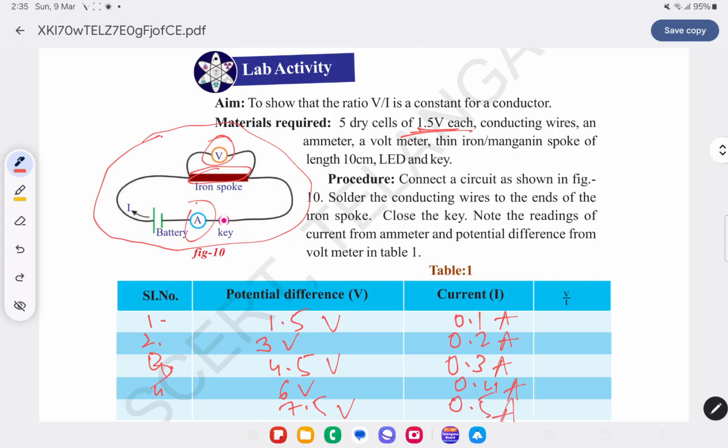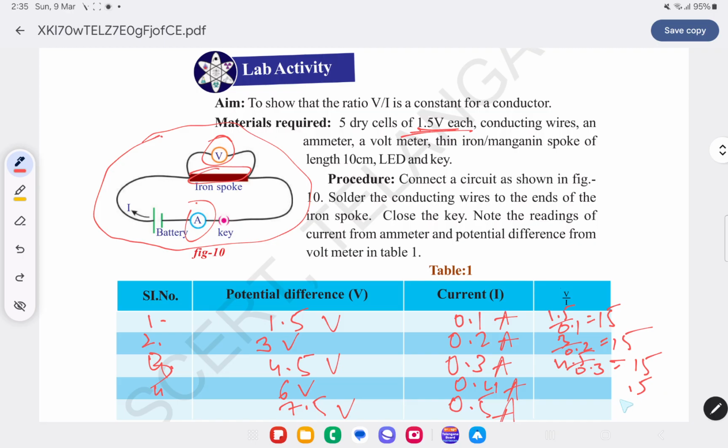Now, you do V by I. In first case, 1.5 by 0.1, answer will be 15. Okay. Next case, 3 by 0.2, again answer will be 15. Next case, 4.5 by 0.3, decimal gone, 45 by 3, answer will be 15.